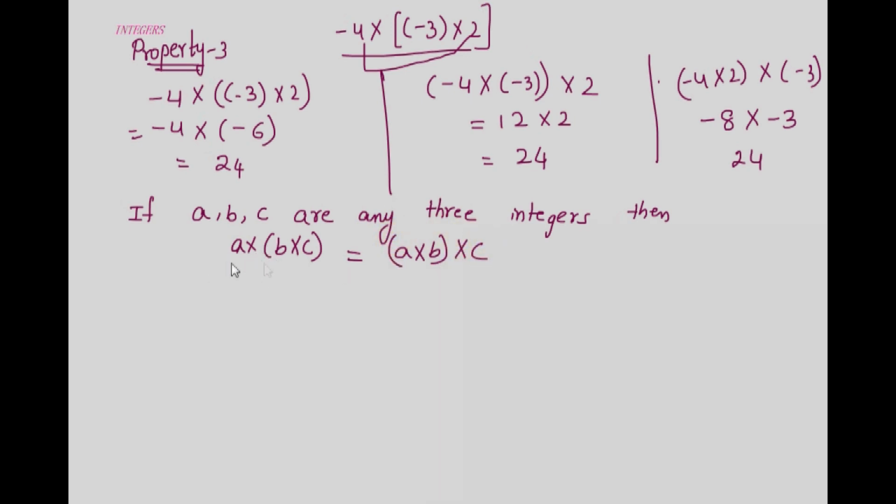We can see this and this are equal, because if we take this as a, b, c, a into b into c is equal to a into b into c, because we got the same answers in both situations.